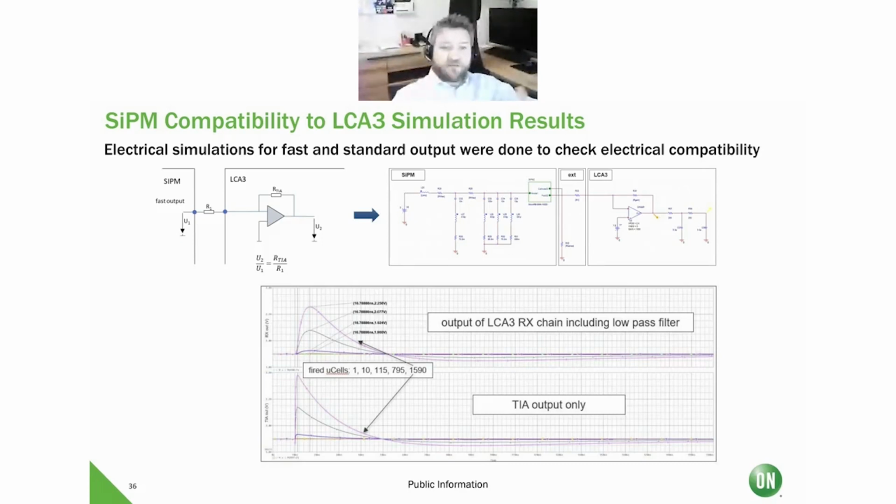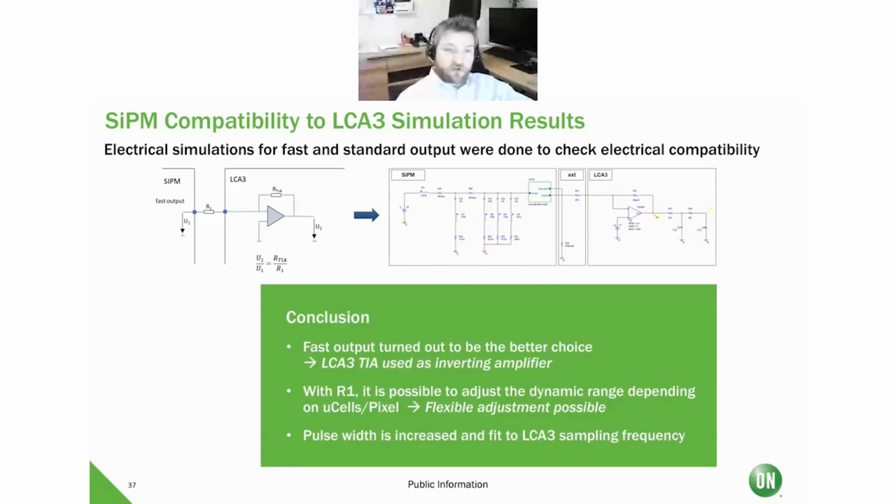To summarize, it turned out that the fast output is the much better choice in combination with an LCA3, not only technically but also from a cost perspective, because only one external component is necessary to combine these two options. And it was also the better choice to increase the pulse width to get the possibility to sample it with the internal ADC sampling frequency.